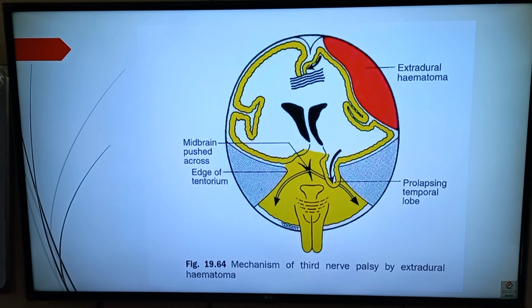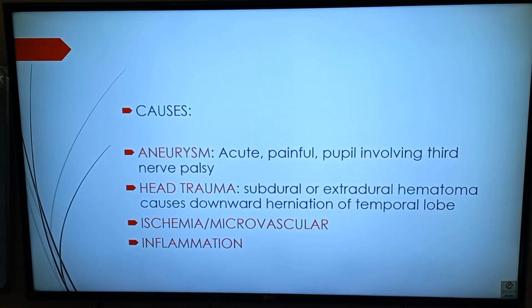There is one more thing here that we have to see: in the basilar part of the oculomotor nerve, the parasympathetic fibers are on the outside and the motor fibers are inside. That is why in compressive lesions the pupil is involved first and motor involvement comes later. But the blood supply of nerves, their end vessels, go first to the motor fibers, so in ischemic cases motor involvement comes first and the pupil is involved later.